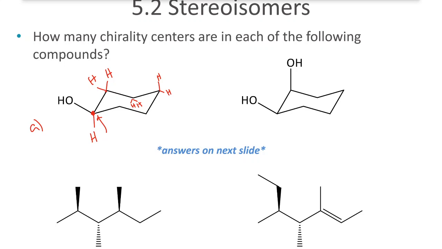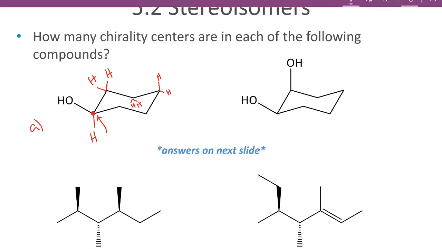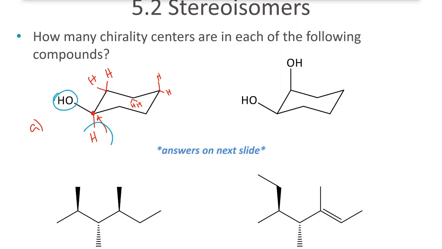So let's look at it a little bit further. Here we have OH, hydrogen, and this half of the molecule, and then we have this other half of the molecule. Notice that as we go around the lower side, we have carbon, carbon, carbon: CH2, CH2, CH2. And as we go around the upper side, we've got CH2, CH2, CH2.